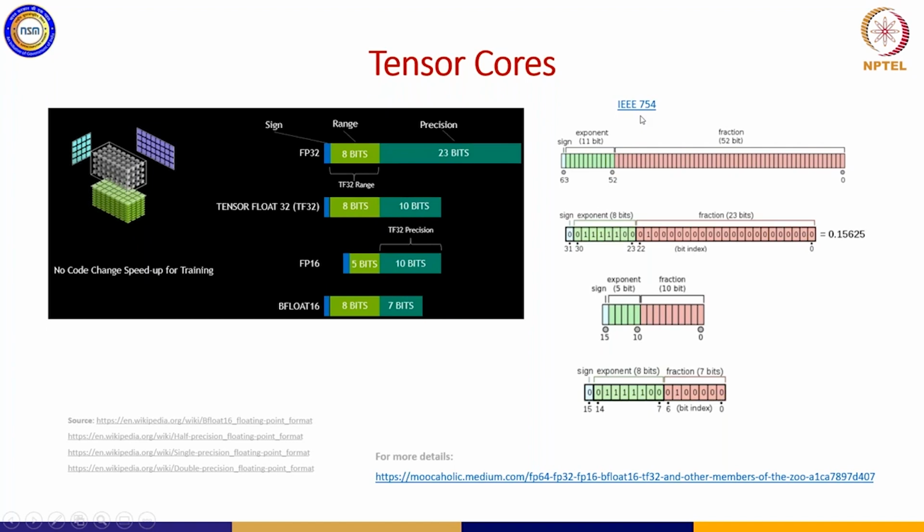We can also look at the IEEE standard for that, which is the 754 IEEE standard. The first one you can see here is for FP64. This is for FP32, then there's the one for FP16, the floating point 16, and there's the bfloat. So why the bfloat? The bfloat comes because there is a dynamic range issue with FP16, which the bfloat is able to overcome.